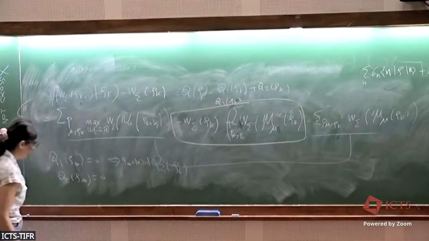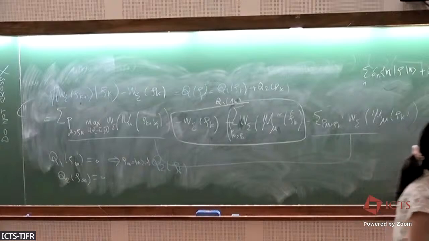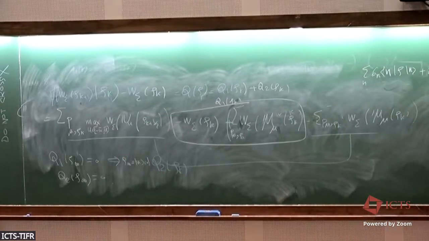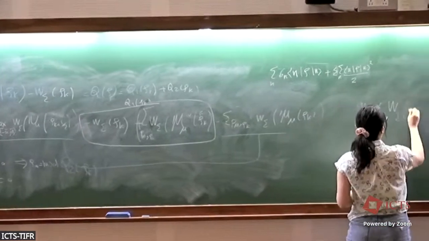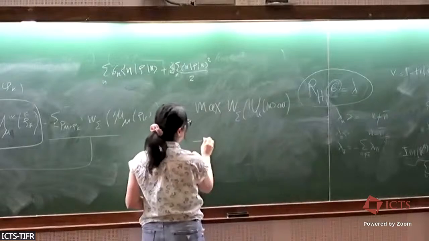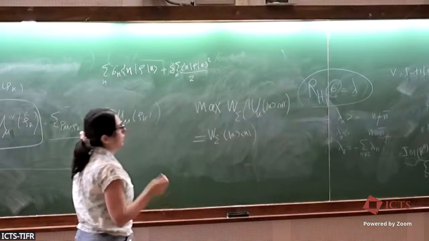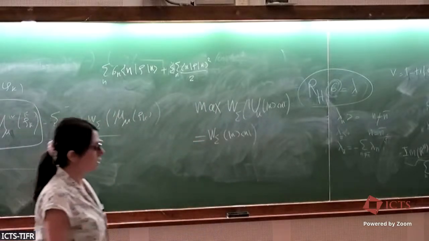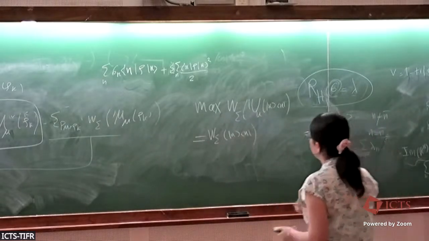So now, if you look at the zero of this function, you will replace rho k plus half by the Fock state n. And if you look at this term, you can say that the maximum of W epsilon of the Fock state n is equal to W epsilon of n bar. Now it's good. Why is it good? Because if you look at W epsilon, it has this form.